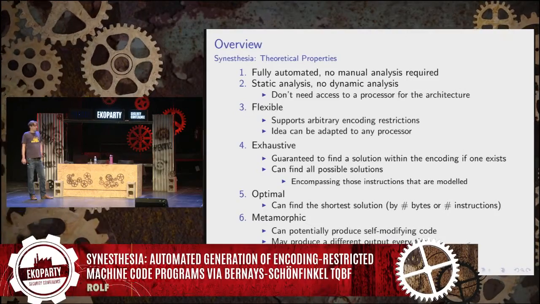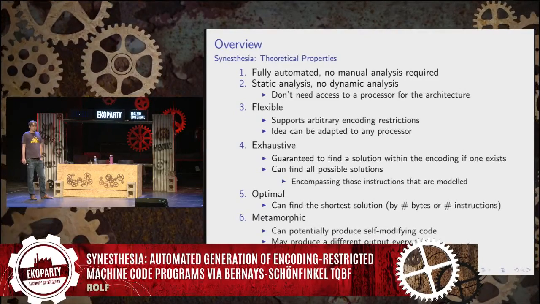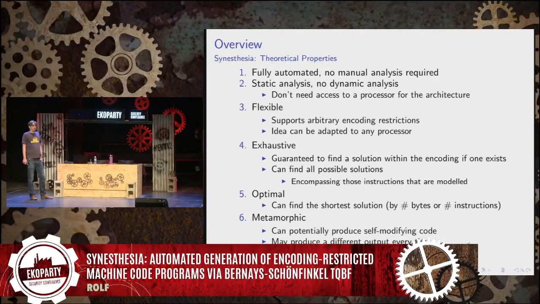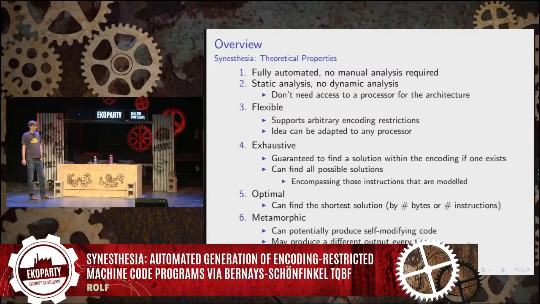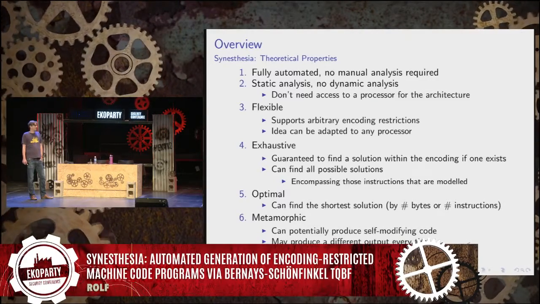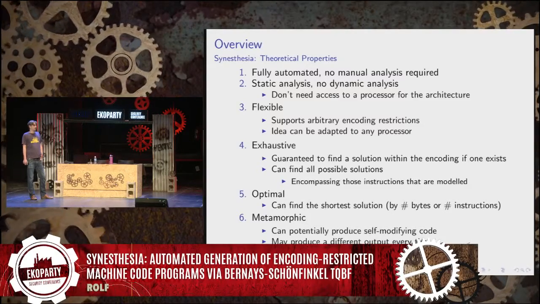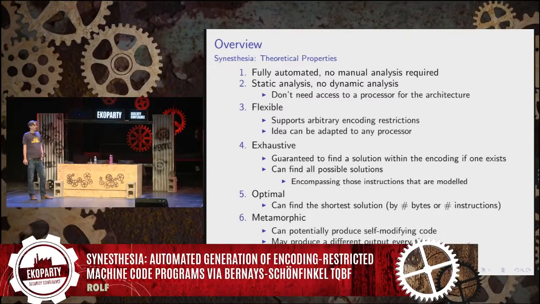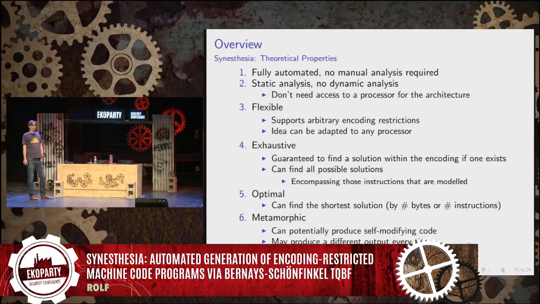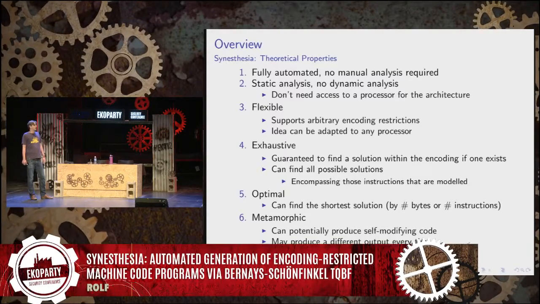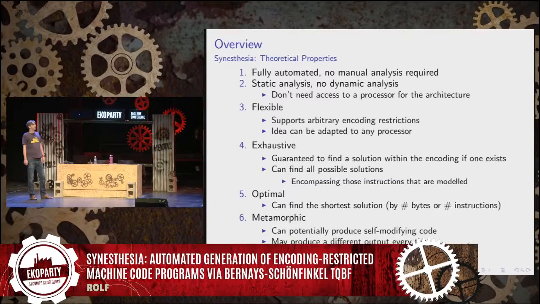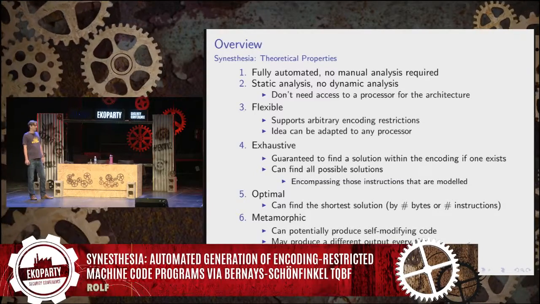It's very flexible. You can specify whatever encoding that you want, and the idea can also be adapted to any processor that exists. It's exhaustive in that it's guaranteed to find a solution if one exists. And in fact, it can find all possible solutions among those instructions that are modeled by the tool.